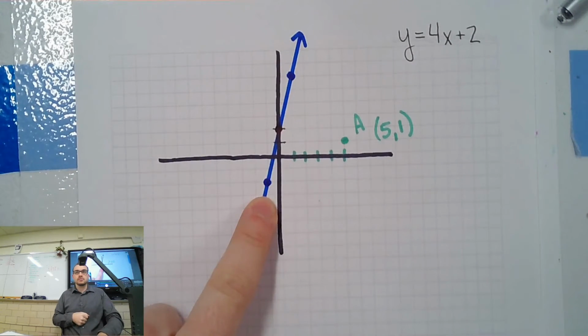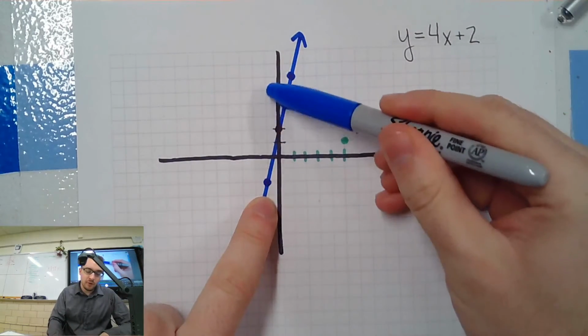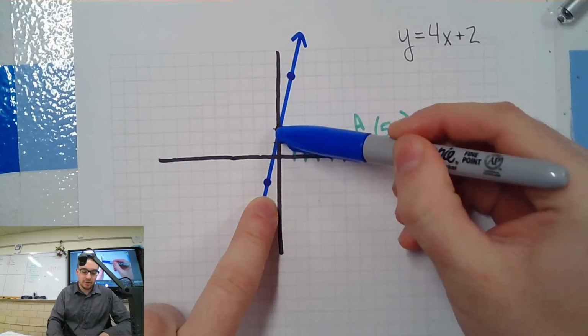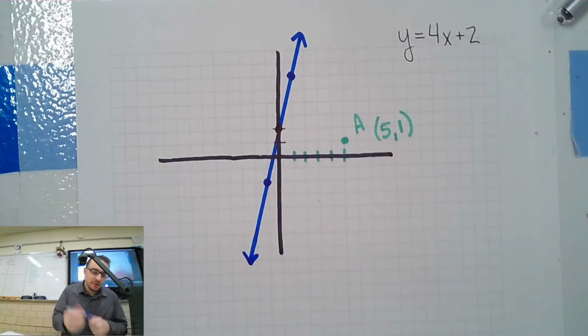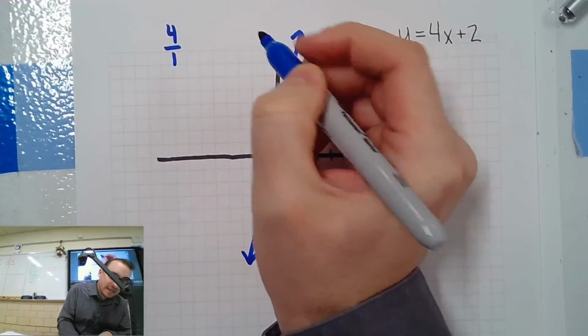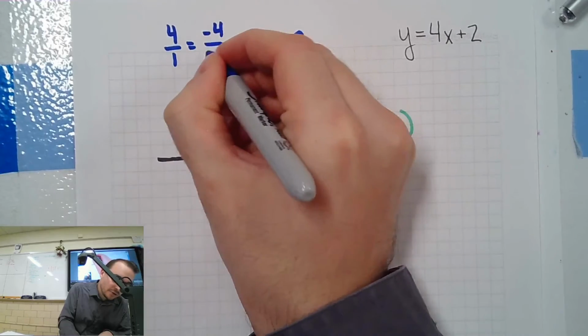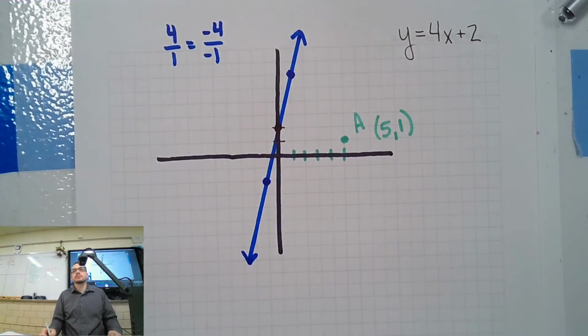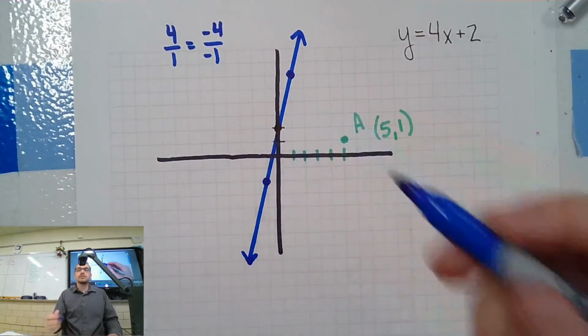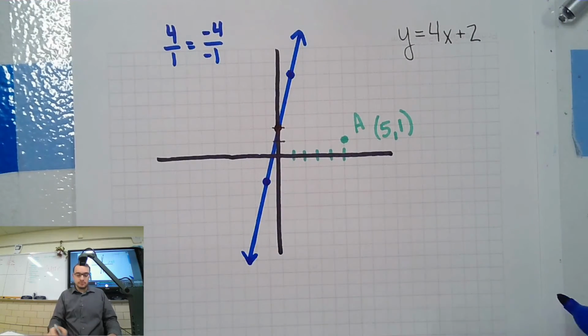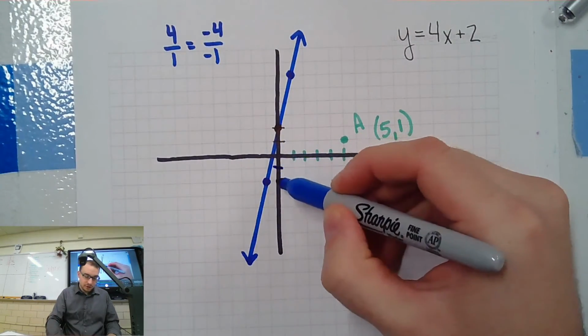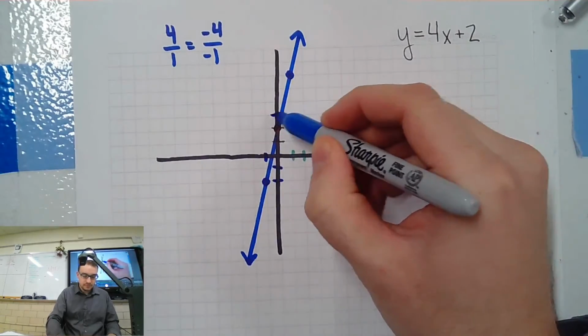The slope can go up 4, right 1, or it can go down 4, left 1. The reason for that is that 4 over 1 is the same thing as negative 4 over negative 1. You don't have to do both. It didn't seem like it was 4 over 1 from this view. Oh, sure. Okay, thanks.